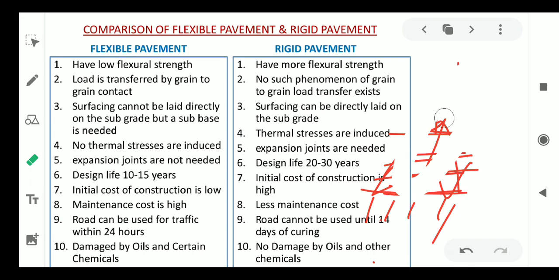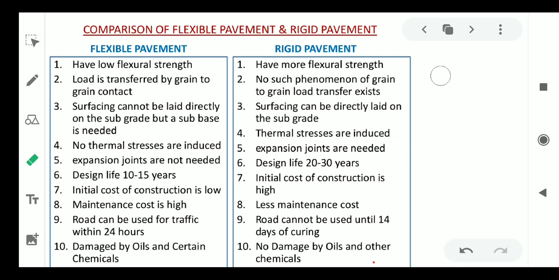But in case of the rigid pavement, since the load is distributed through the surface as a slab action, there is no subbase needed.